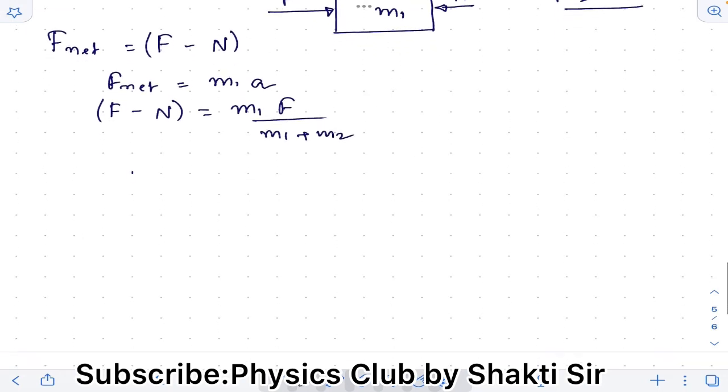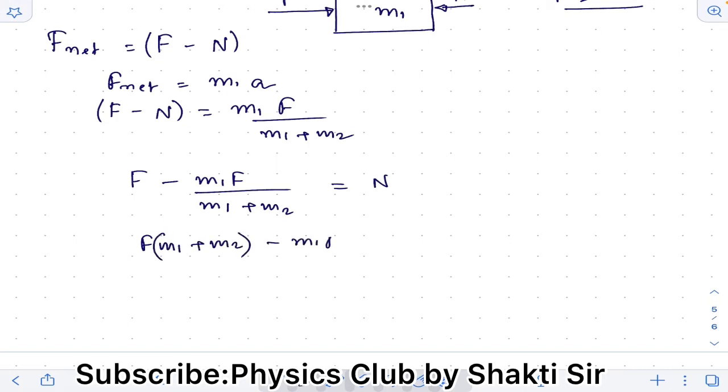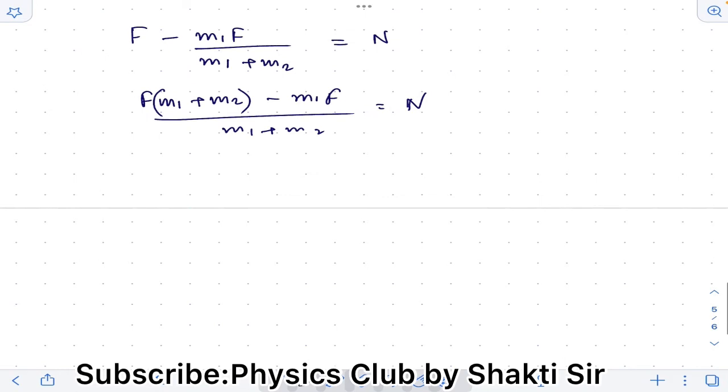Let's solve it. F minus m1 F divided by m1 plus m2 equals N, and we rearrange it. Okay, now solve this. F times (m1 plus m2) minus m1 F, divided by m1 plus m2, equals N. Okay, let's open the bracket.